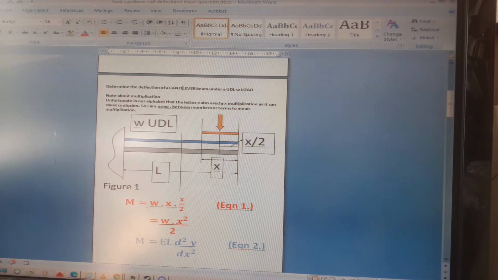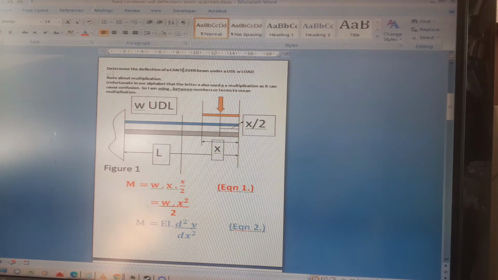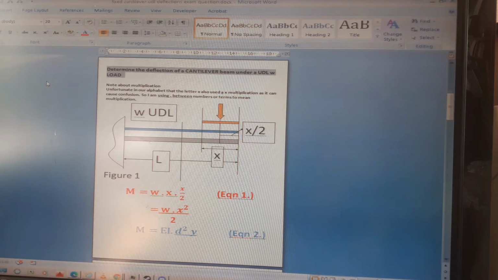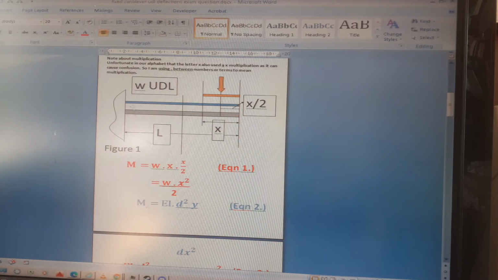What we're trying to do is find the deflection of the beam at the end, or the deflection of the beam at any point, of a cantilever beam under a UDL load.